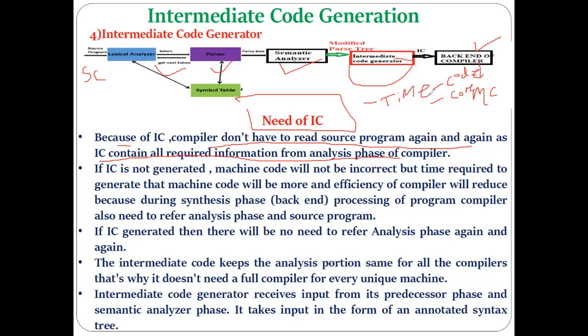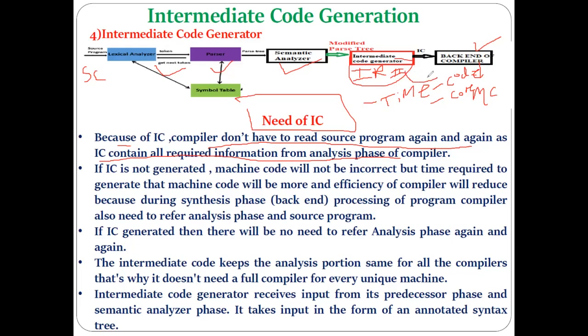Understood? But if you generate the summary of these three phases, the abstract information done in these previous three phases, and put that information in the form of some intermediate representation, which we call the intermediate code, then the compiler doesn't need to go again and again to these three phases.